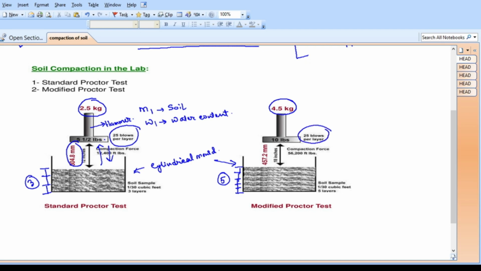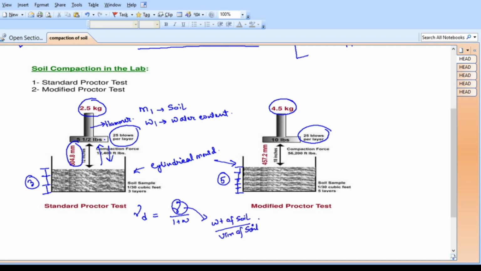After compacting it, we move to the second portion, where we find out the dry density of the soil. As I already said, dry density is gamma by 1 plus W, and for this soil, gamma will be the weight of the soil taken divided by the volume of the soil.